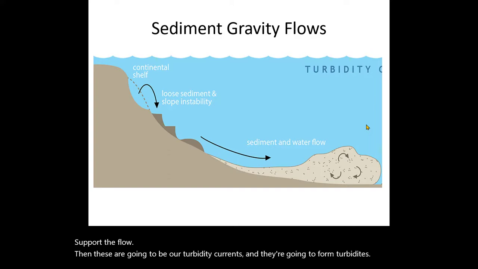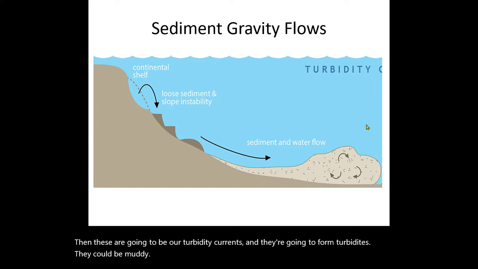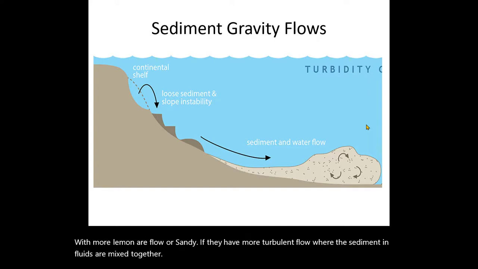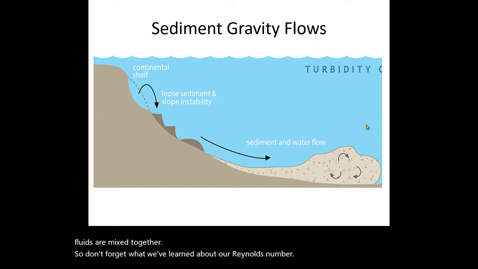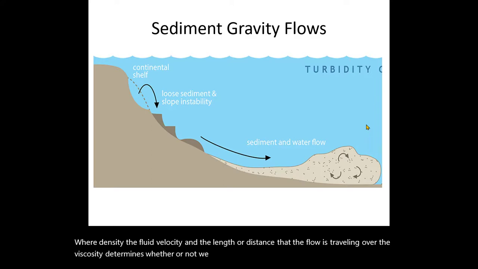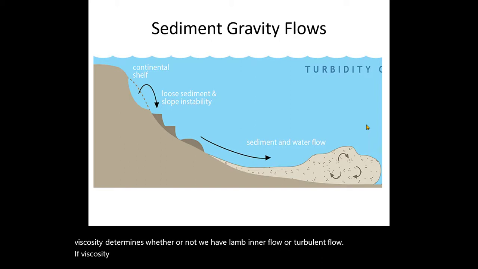They could be muddy with more laminar flow, or sandy if they have more turbulent flow, where the sediments and fluids are mixed together. So don't forget what we've learned about our Reynolds number, where density, the fluid velocity, and the length or distance that the flow is traveling over the viscosity determines whether or not we have laminar flow or turbulent flow. If viscosity is greater than the inertia of the sediment, we'll have laminar flow.